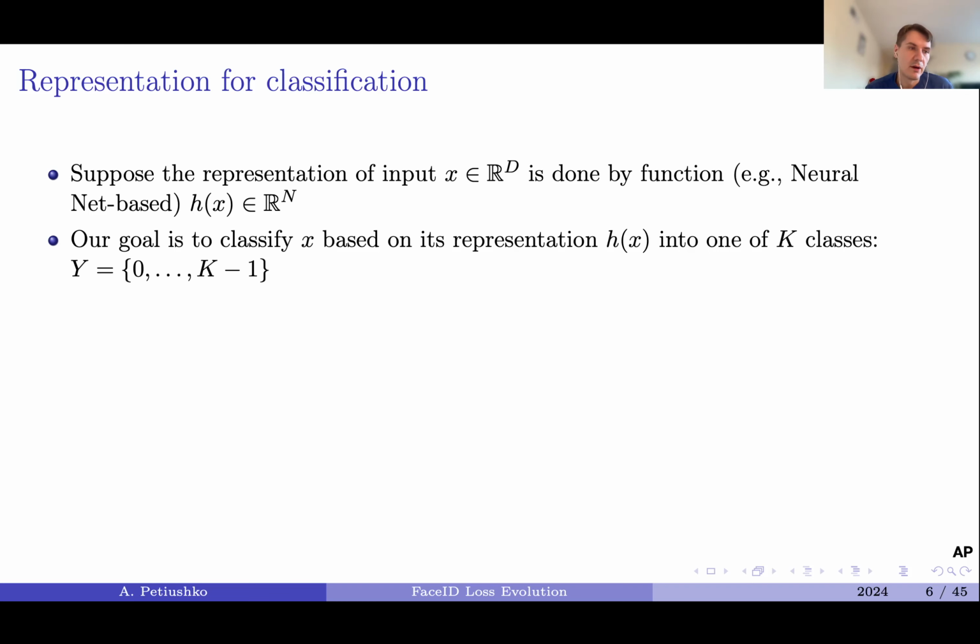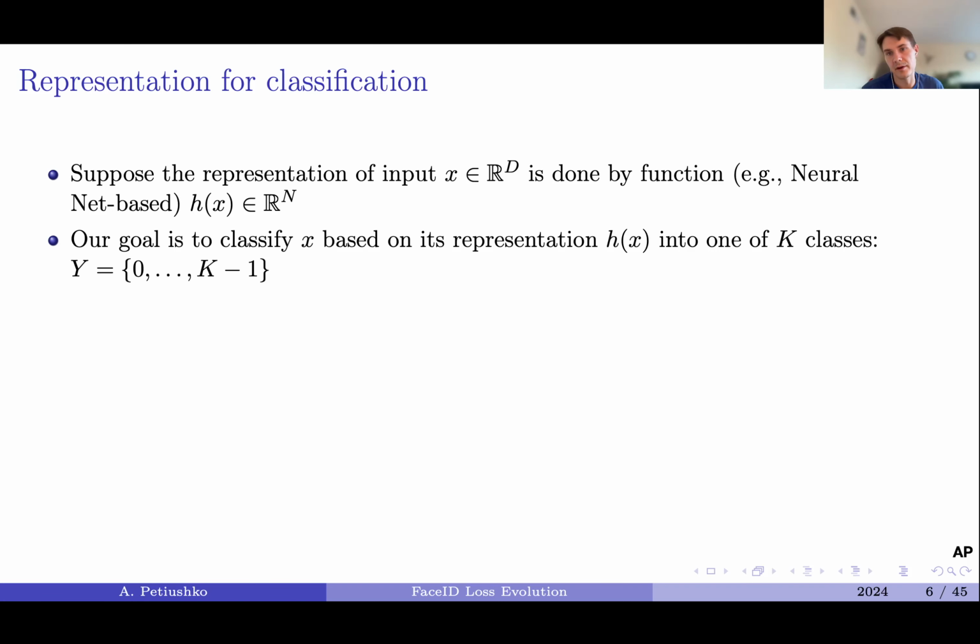But for example, when we are talking about images, suppose we have 100 by 100 pixel images, even with one color channel. This image can be represented as a vector of 10,000 elements. So d in this case equals 10,000. But usually we would like to have some representation, some embedding of this image into, for example, a lower dimensionality.